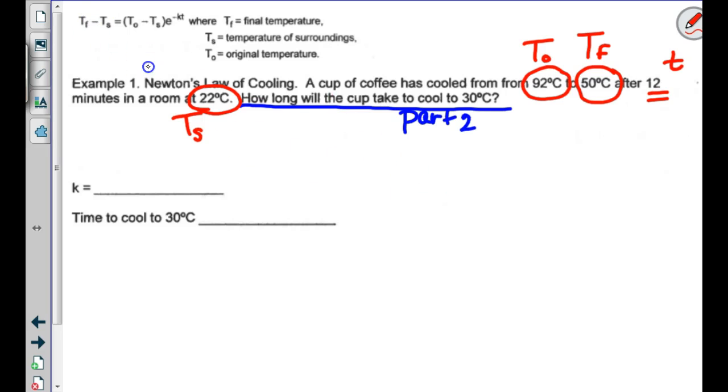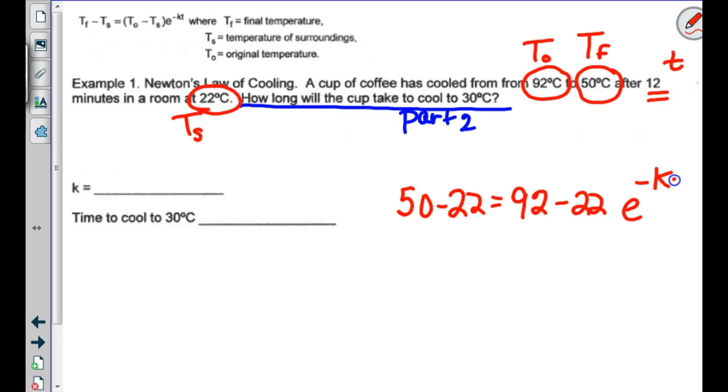So if I plug all those in, it says the final temperature minus the surroundings is equal to the original temperature minus the surroundings, times e to the negative K times t, which is 12 minutes. This is a quantity, this is a quantity, and it's multiplied by this, and all of this is up in the exponent.